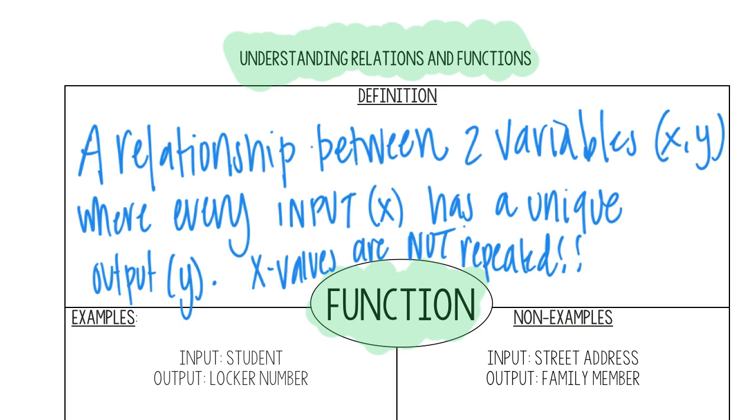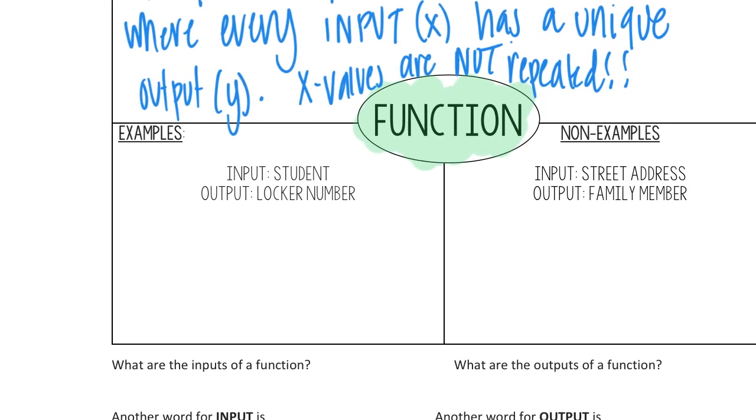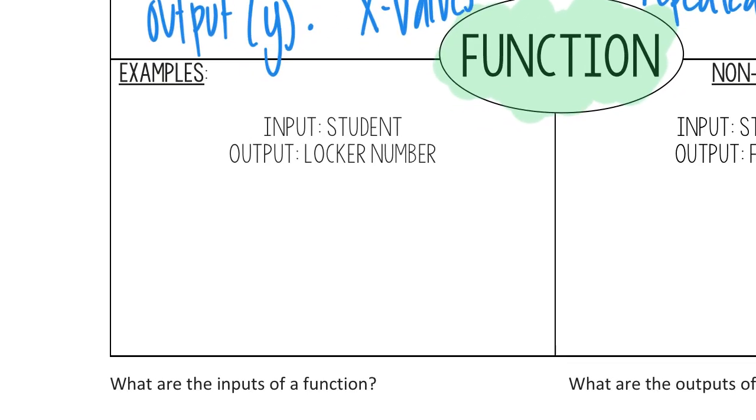So I wanted to look at some real world examples of this so you could see that's all a function is. An example of a function is a student and their locker number. So let's say we have Gus, Allie, Grant, and Amy.